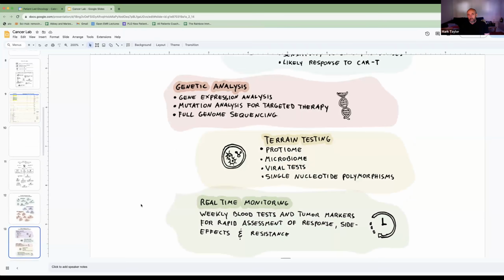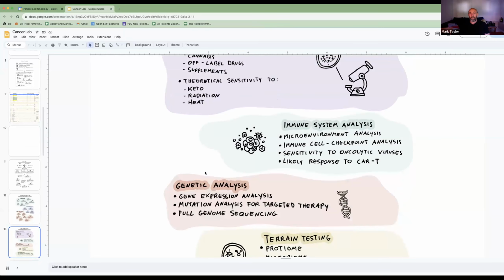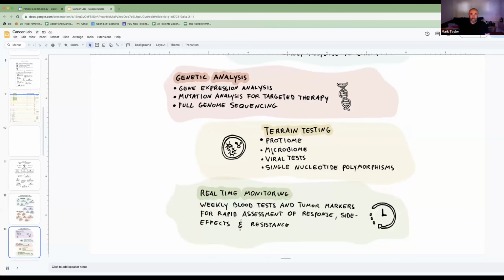We also realized testing was important, so we try to get hold of every single test you could possibly do in the world. So sensitivity to chemo, targeted therapy, cannabis oil, off-label drugs, supplements, keto, radiation, heat, immune system analysis, checkpoint analysis, microenvironment analysis, response to CAR-T or oncolytic viruses, terrain testing, and also, which was quite unique in this approach, we tested the blood almost daily.